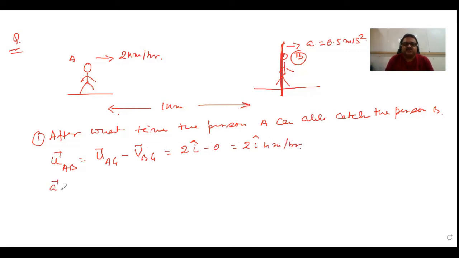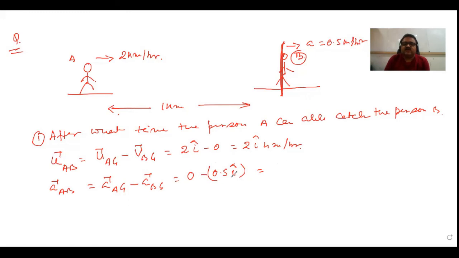Now, what is the acceleration of A related to B? That is acceleration of A with respect to ground minus acceleration of B with respect to ground. Acceleration of A is 0. But what is the acceleration of B? It is 0.5 i cap. Clear? It is not in meter per second square, it is kilometer per hour square.